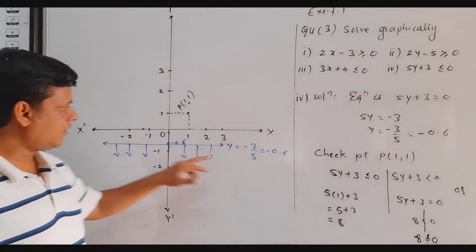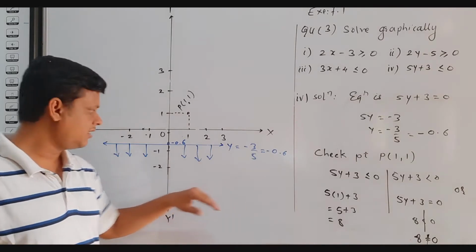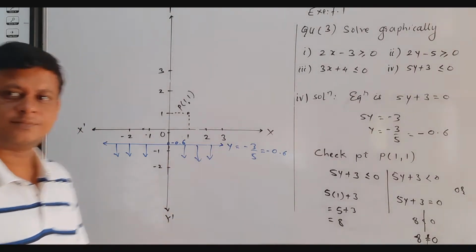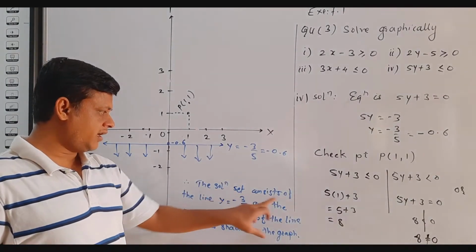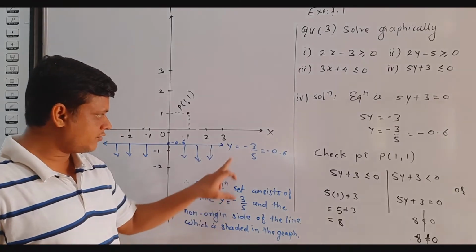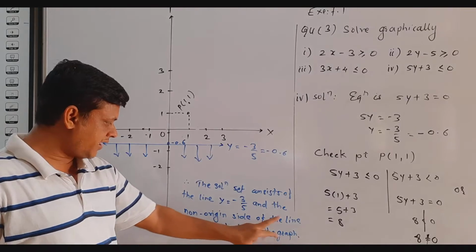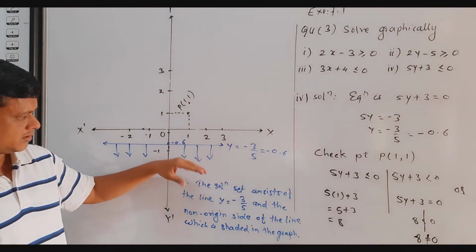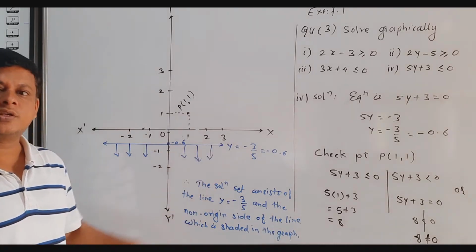So this line y equals minus 3 by 5 is included in the solution and this shaded region is also included in the solution. So we write here the solution set consists of the line y equals minus 3 by 5 and the non-origin side of the line, which is shaded in the graph. So non-origin side, and we shaded this portion below this line.